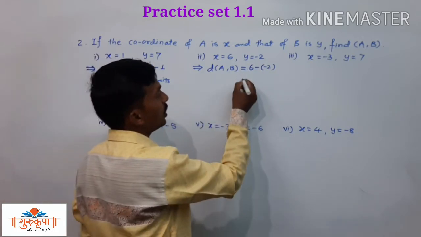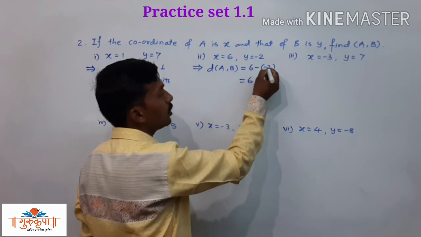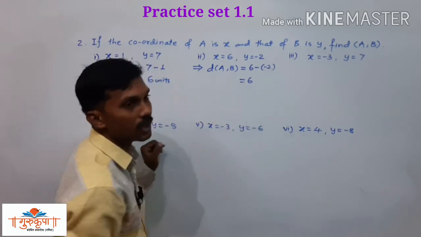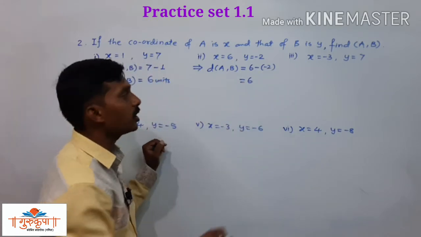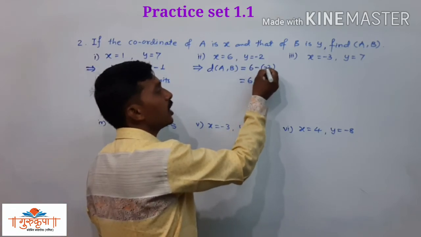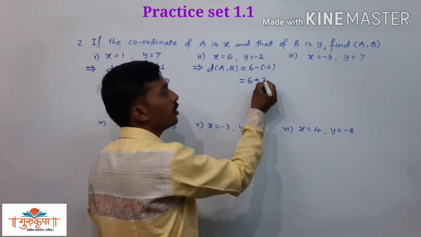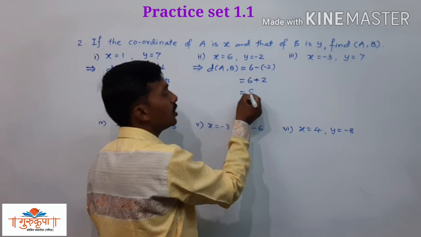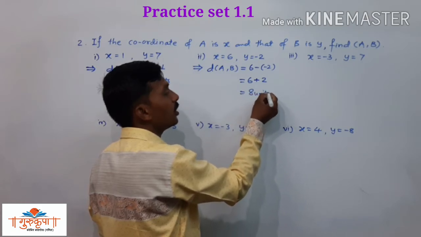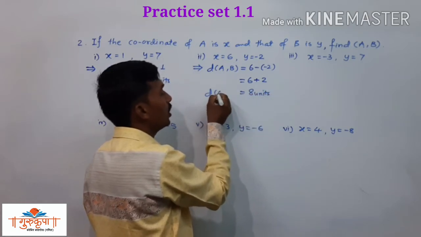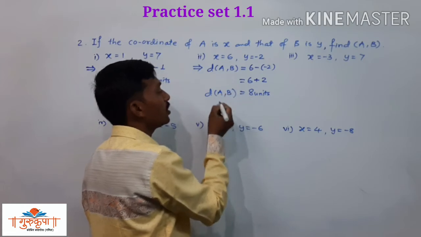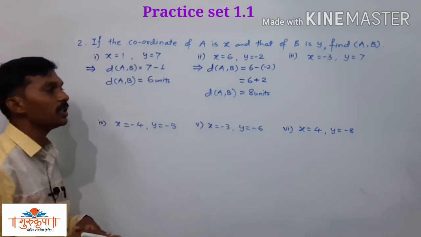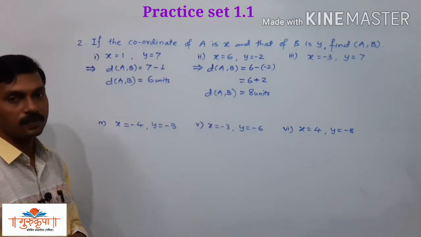Now this 6 remains as it is, and see this minus into minus, continuously we have 2 signs. At that time we have to take the product of those 2 signs, that is minus into minus is plus, and 2 remaining as it is, and this is 6 plus 2 is 8 units. That is the distance AB in the second example. Distance AB is equal to 8 units.